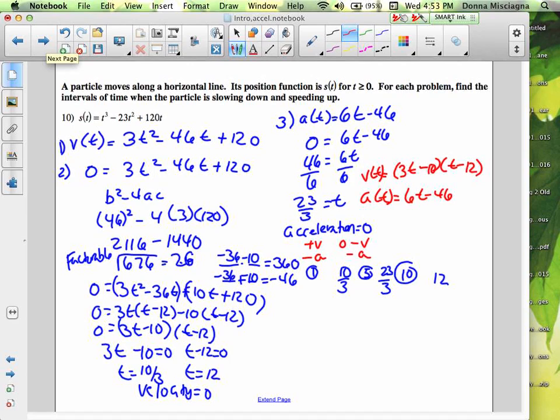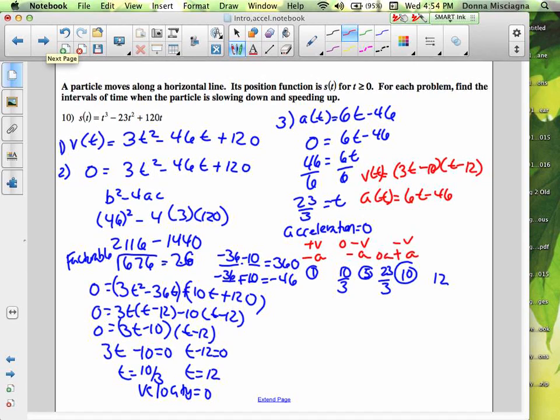All right, let's check 10 here. If I plug in 10, I'll have 30 minus 10, which is positive, and 10 minus 12 is negative, so velocity is going to be negative. This was a 0 over here. This one was a 0 for acceleration. So velocity is negative. How about acceleration? So 60 minus 46, that's positive.